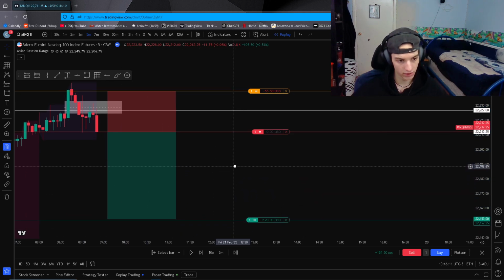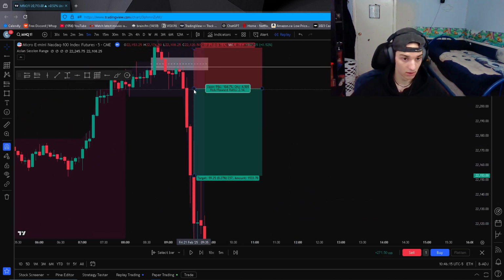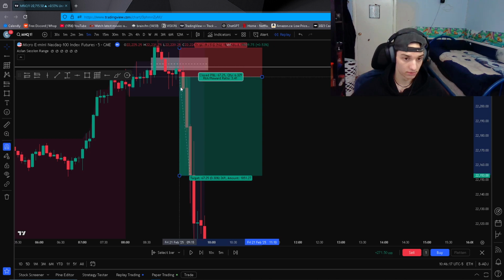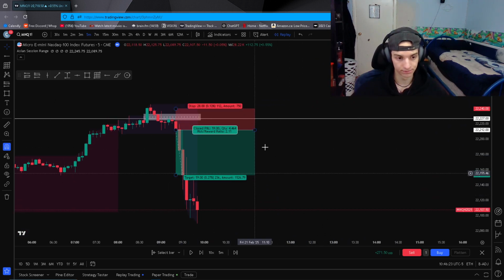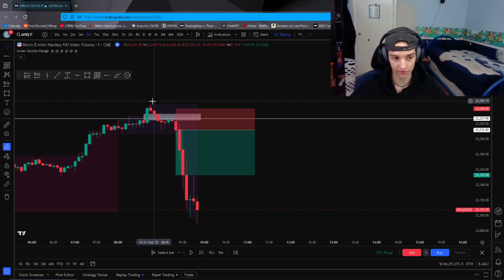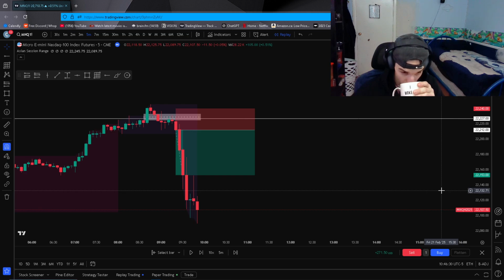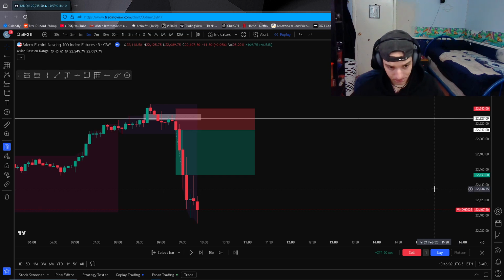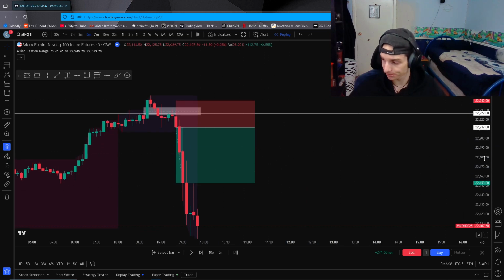There it is. 2.14. Risk to reward. Enter off 15-minute liquidity sweep, 5-minute break of structure. And there it is. 2 good examples.